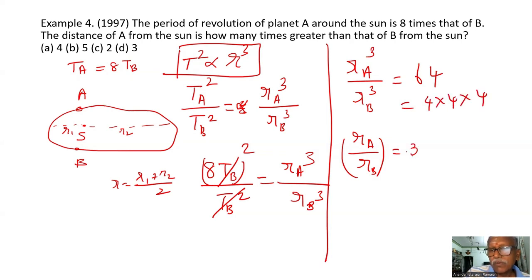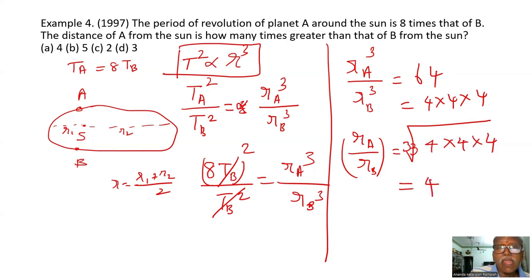So the cube root equals 4. Therefore, RA equals 4 times RB. A is the answer.